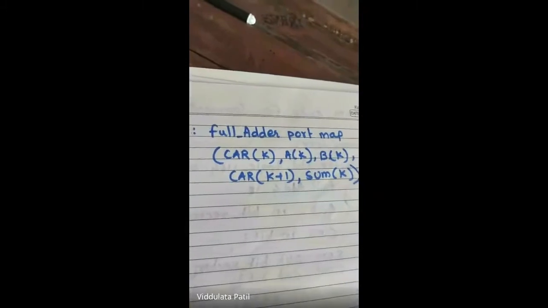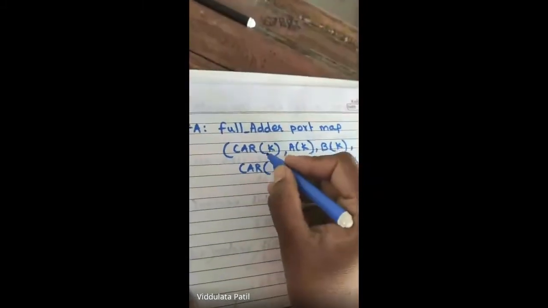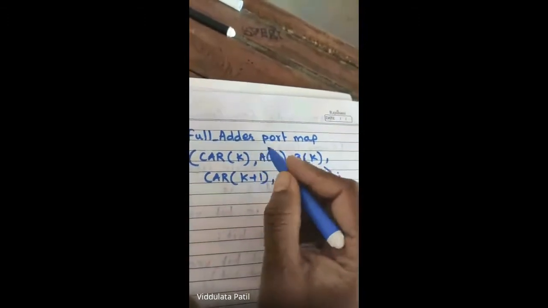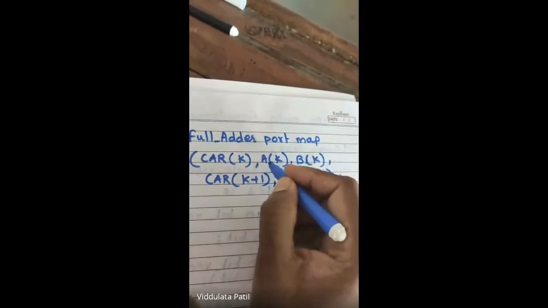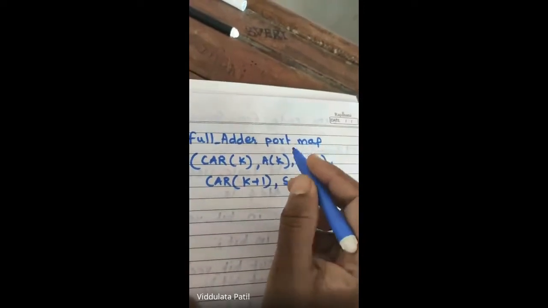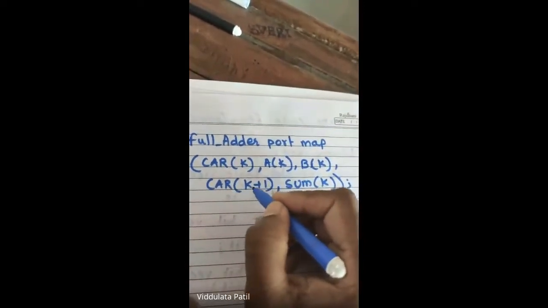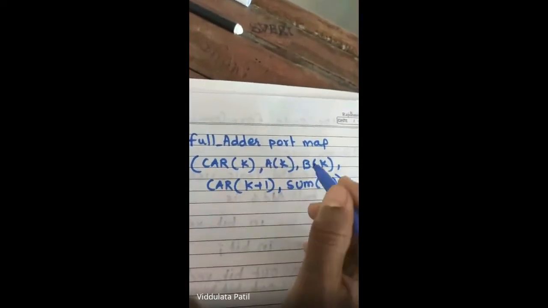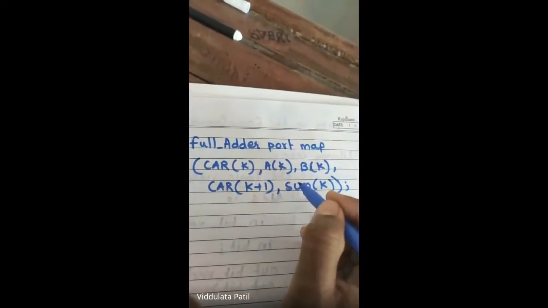So now what will be assigned to all these ports? This car of k will be nothing but Cin in a full adder. Then a of k will be a in a full adder. B of k will be b. Then car(k+1) will be Cout, and sum of k is nothing but sum of this full adder.